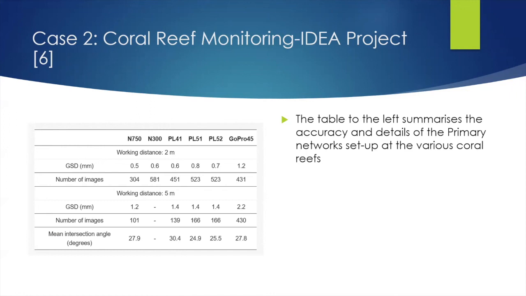So they used a couple different camera systems, and for every camera but the M300, they tested it at 2 heights, so at 2 and 5 meters. The GSD is the ground sample distance. As you can see, at the 2-meter level, there are many, many more images taken, and at the 5-meter level, there were fewer images taken, but the mean intersection angles are presented.